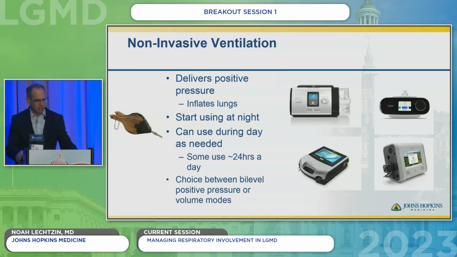So non-invasive ventilation, here's a picture of some of the different devices on the market. Sometimes you'll hear people talk about BiPAP, which is actually a trade name, but gets thrown around a lot, as a common way to use non-invasive ventilation. Then there are also ventilators that have a lot more bells and whistles. Oftentimes we start using these at night.